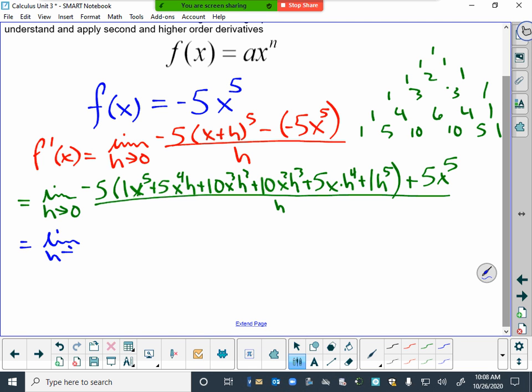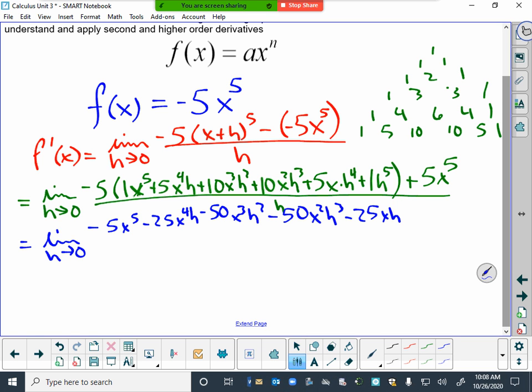This will be the limit as h goes to 0 of negative 5x to the 5th minus 25x to the 4th h minus 50, oops, can't write in a straight line, x cubed h squared minus 50 x squared h cubed minus 25 x h to the 4th minus 5h to the fifth plus 5x to the fifth.